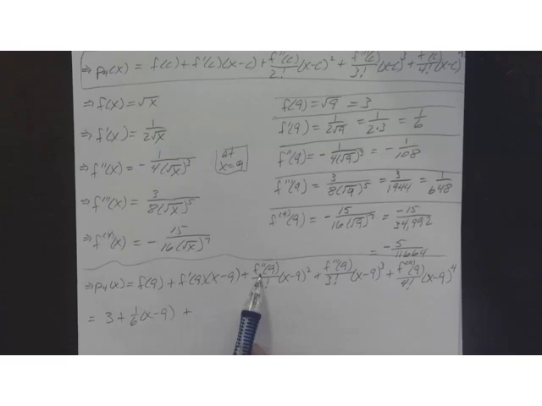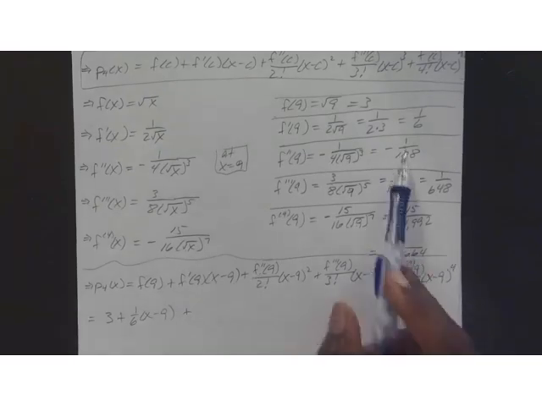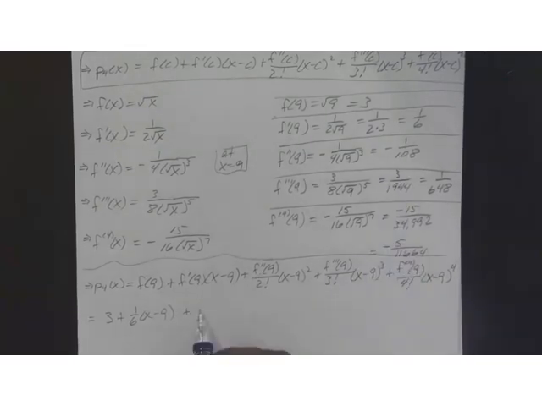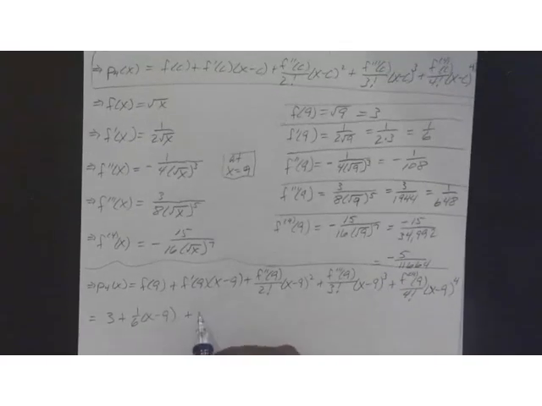Plus your second derivative at 9 is negative 1 over 108, divided by 2 factorial, so you can just multiply that by 1 over 2 factorial, times x minus 9 squared.